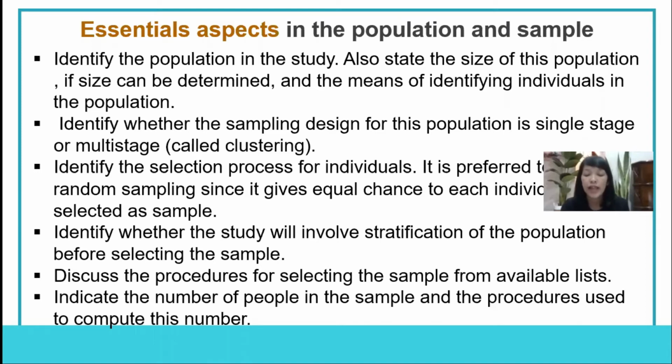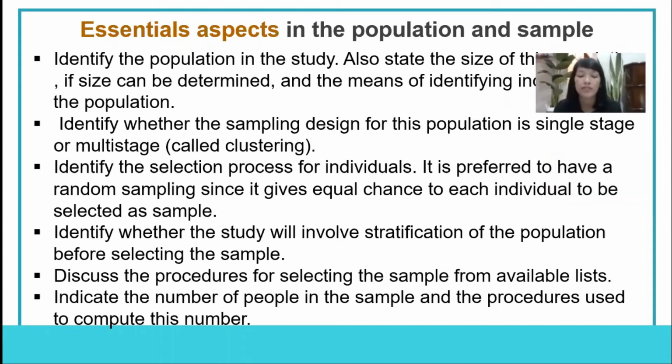Also, we have to state the size of this population, if the size can be determined, and the means of identifying individuals in the population. Of course, the question of access will arise, and the researcher might refer to the availability of sampling frames, mail or even published lists of potential respondents in the population.